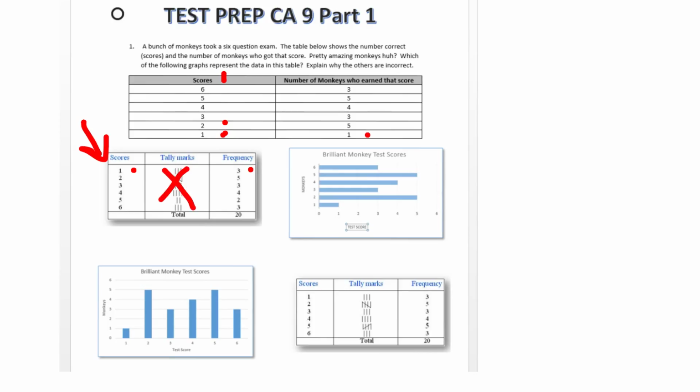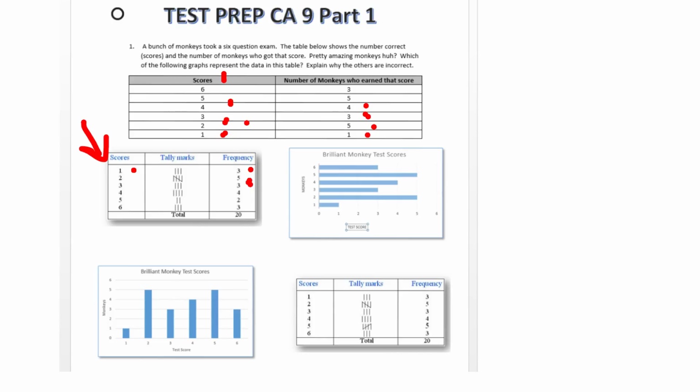Now, if you didn't trust just that, you can keep going and you'll find there's other problems with it as well. When the score is equal to 2, the number of monkeys who earn that score is equal to 5. Well, that matches. When the data is equal to 3, the number of monkeys who earn that score is 3. When the score is equal to 4, the number of monkeys who earn that score is 4. Very good.